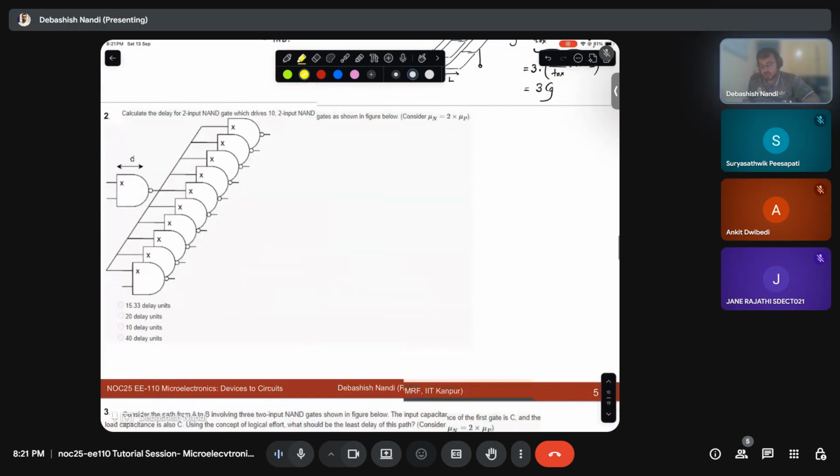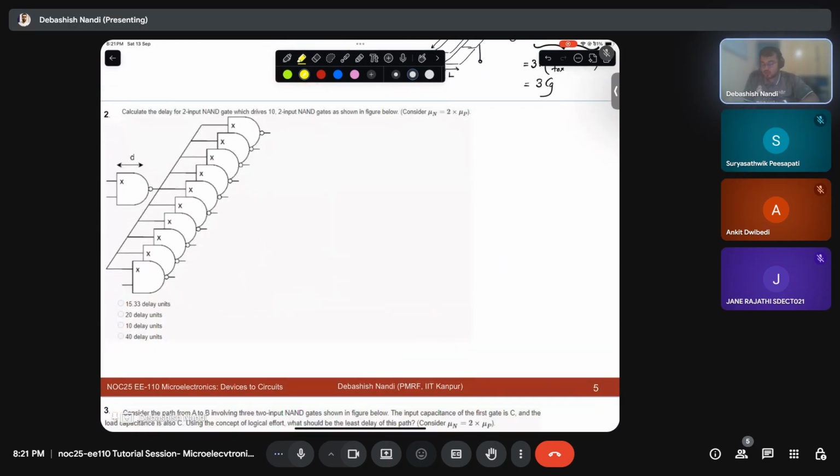So let us move on. This is the question that is given. Calculate the delay for a 2-input NAND gate which drives 10 2-input NAND gates as shown in the figure below. Mu n is 2 times mu p. That means my k is here 2.